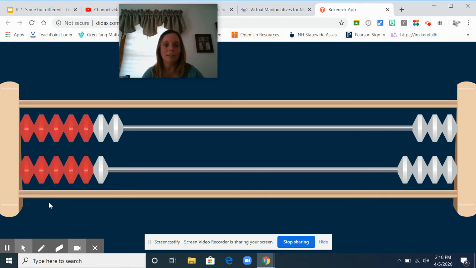And if you notice, the 6 right here looks just like that 5 and 1. Well, if I am working on my make 10 strategy and I know this is 7 and I know that this is 6, when I put it together, I can count, but we don't want them to count. We want them to say 7 plus 6 is 13, because I see 10. If you want to look this way, I have 5 and 5 is 10 and 3 more, 13.